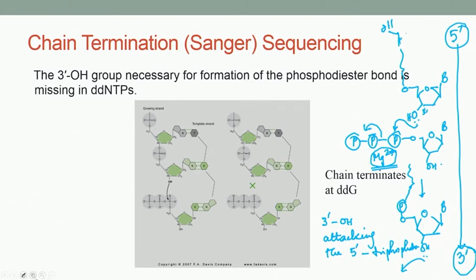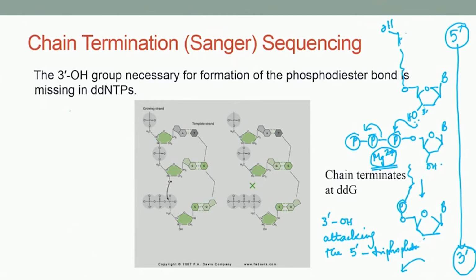Then what will happen? If this is incorporated in the chain, then the chain will stop here, will truncate, because that nucleophilic OH is absent here.